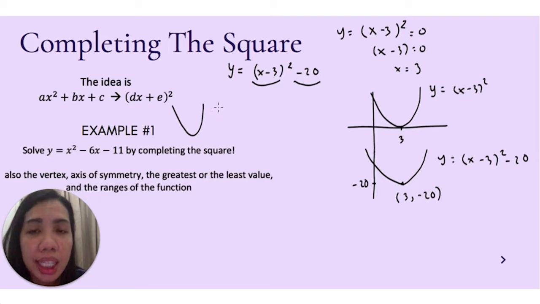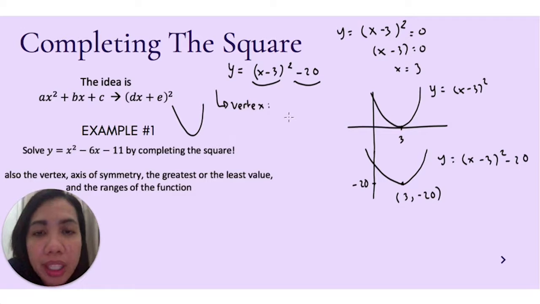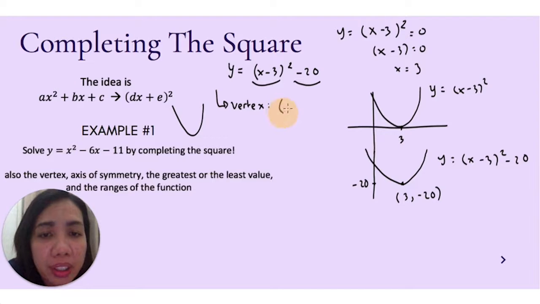Or if we want to get the vertex only by seeing this expression, you just need to see this number and this number. For example, if the vertex is a point a comma b, then the standard form for this is y equals x minus a squared plus b.